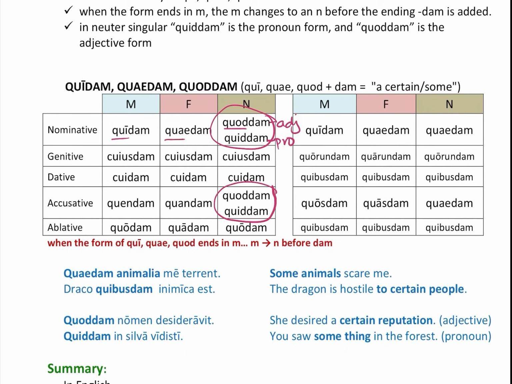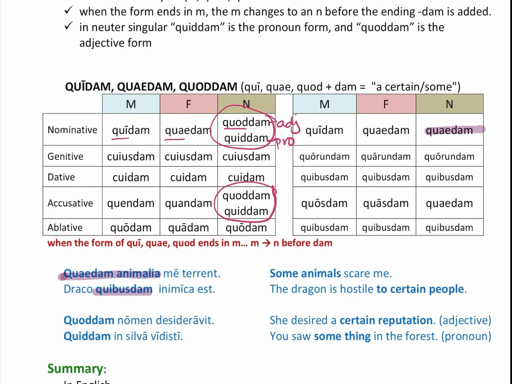All right. So, the sentences here. Quaedam animālia mē terrent. Can you see quaedam right here? It's feminine or neuter, but in this case, we're going to make it neuter. So, quaedam animālia. Some animals scare me. So we're talking about particular animals that scare you. And then Draco quibusdam inimīcus est.